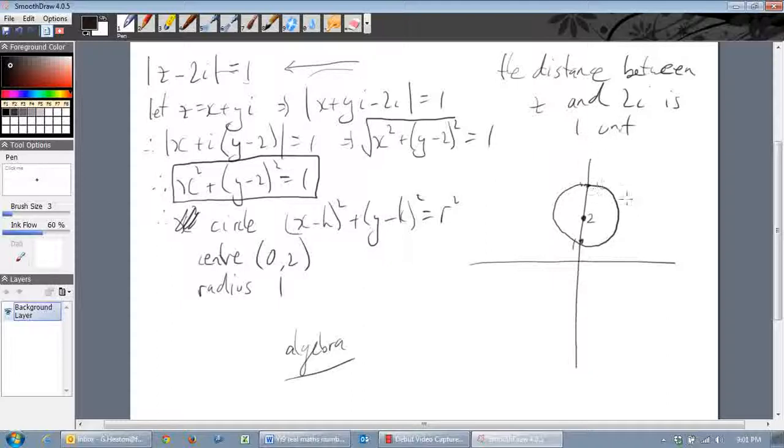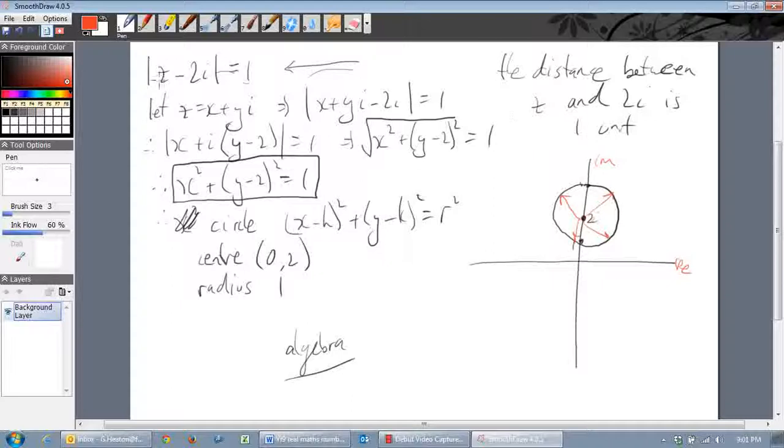Okay, let's have a look at this graph. Here's 2i here, because this is the imaginary axis, that's the real axis, that's the point 2i. The distance between 2i and each of these points is equal to 1, because that distance is 1, that distance is 1, wherever you go, that's the definition of a circle.